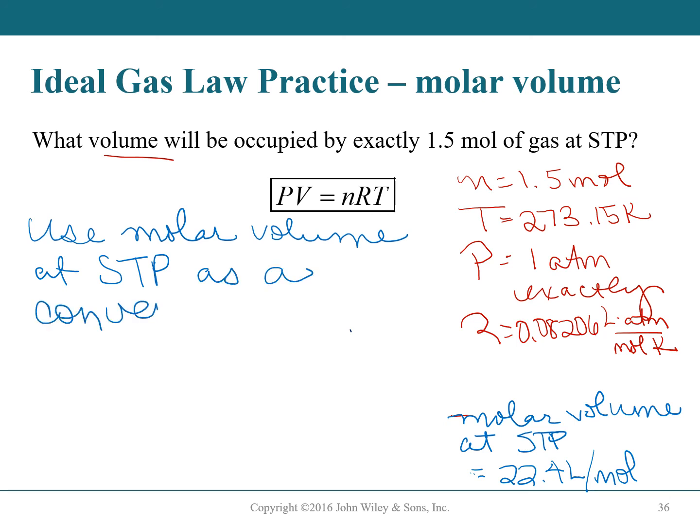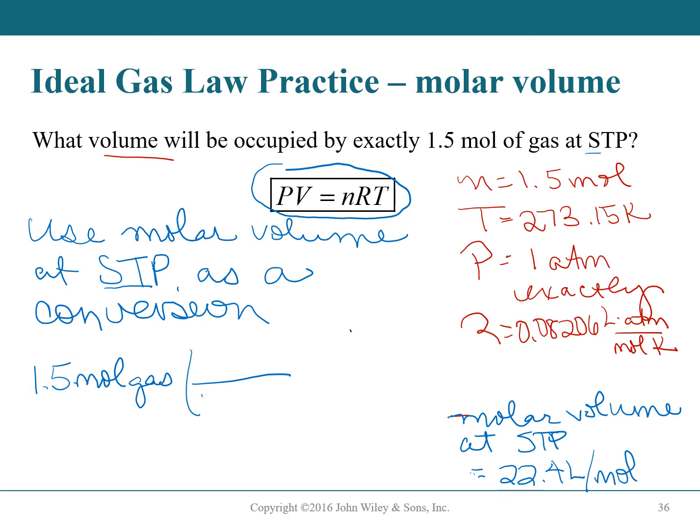If you're not at STP, you must go through the ideal gas law. However, if you are at STP, as you are in this situation, I know that 1.5 moles of gas, and for every 1 mole of gas at STP, it occupies a volume of 22.4 liters.